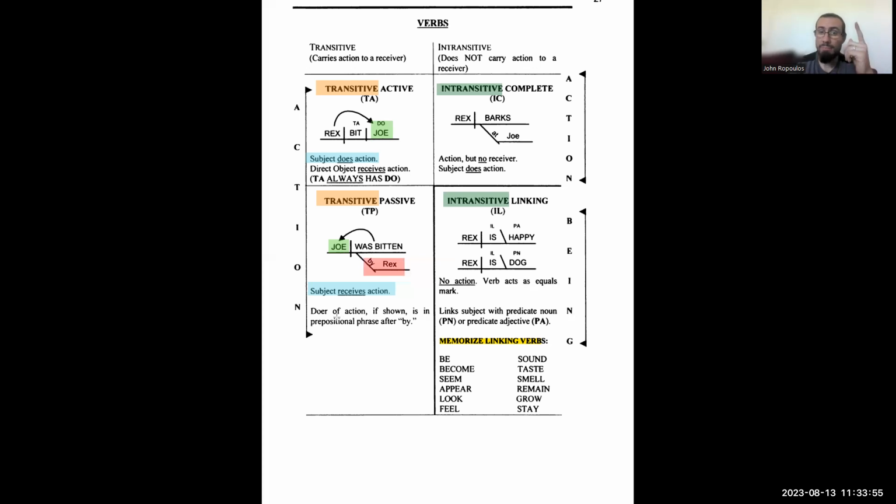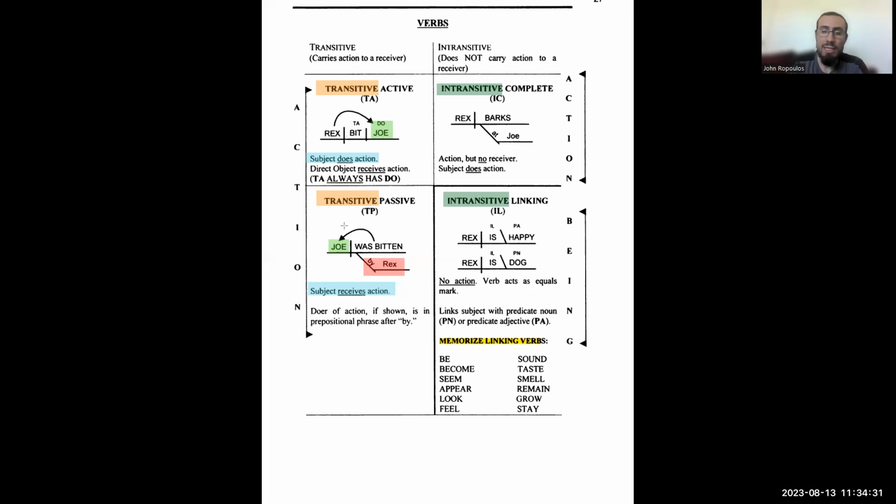There's a difference between meaning and grammar sometimes. Grammatically, Rex is not doing the action of the verb. In meaning, in our understanding, he is. Okay? It's a difference. But look, if I ask you, who's doing the action of the verb? The only thing in a sentence that can do the action of the verb has to be the subject of the verb. So like on the top, Rex bit Joe.